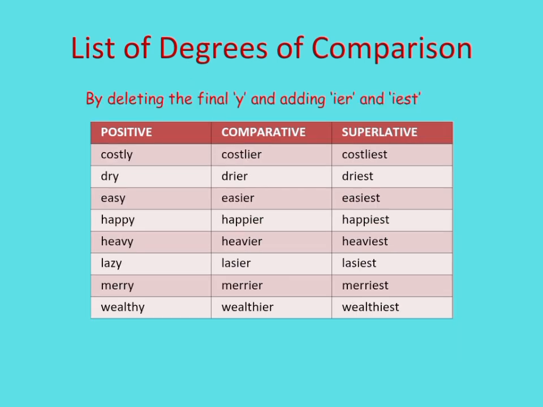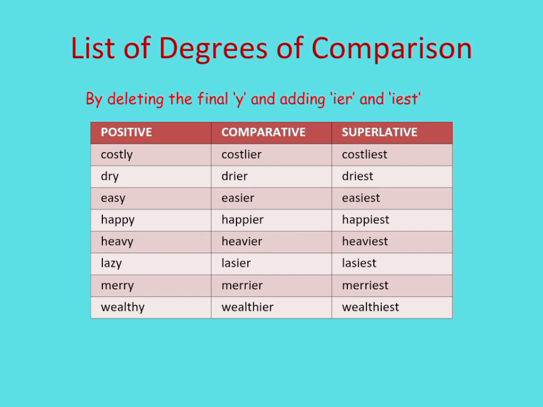Now let's see some degrees of comparison where we delete the final y and add ier or iest instead. Costly, costlier, costliest. Here the final y has been deleted and in the comparative we have added ier instead of y, and in the superlative form we have added iest instead of y.